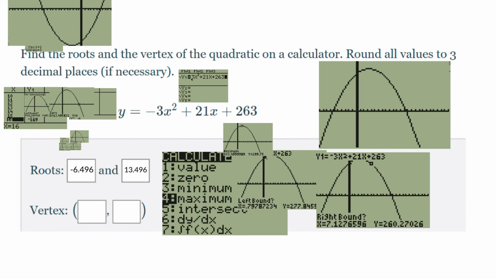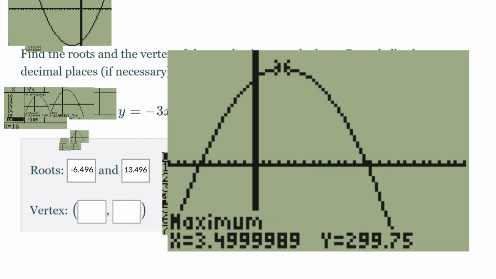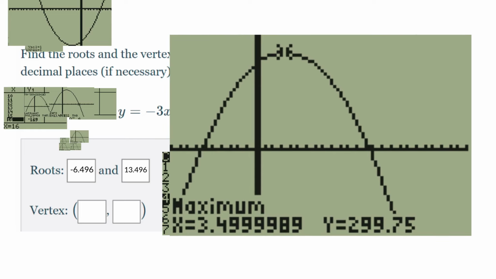Whoa. Let me ask you this. What is my calculator telling me the X value is? When it says 3.4999989, what is that number? Do you think that number is 3.499999989?